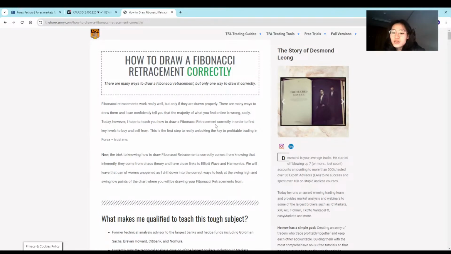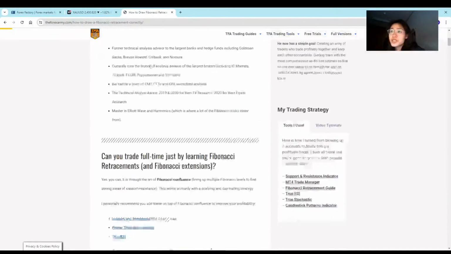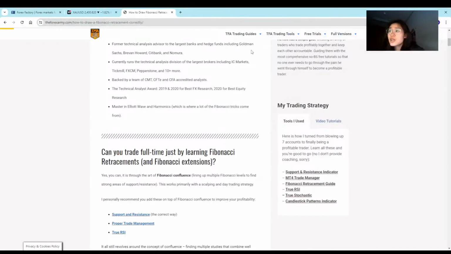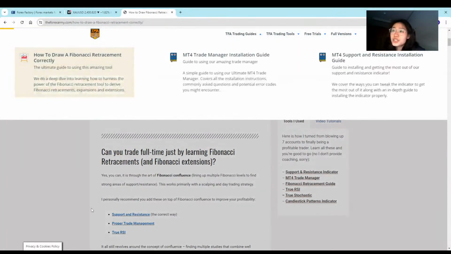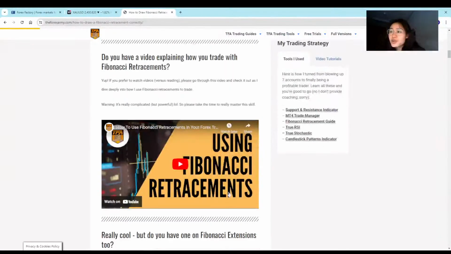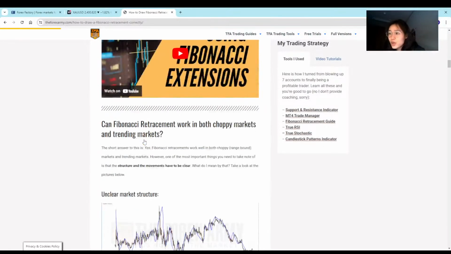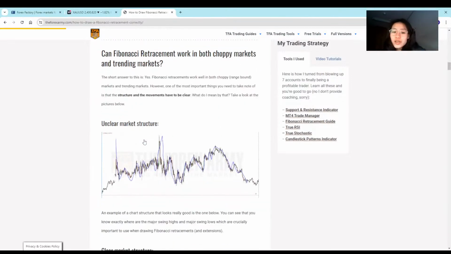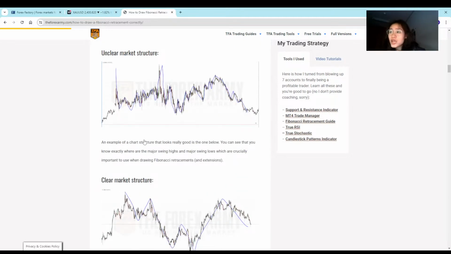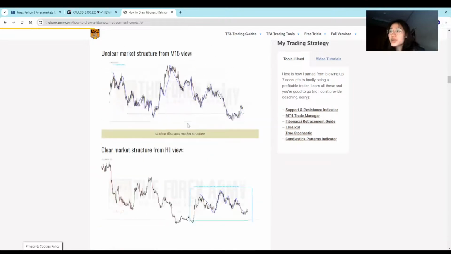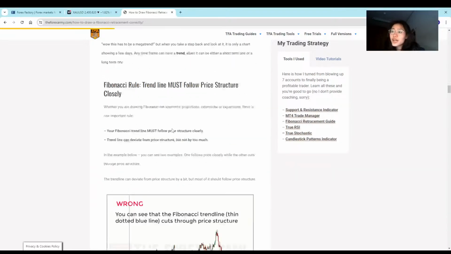But if you're still confused about Fibonacci, feel free to take a look at forexarmy.com. This is just a Fibonacci retracement guide. We do have some free retracement and extensions videos on YouTube as well that you can take a look at. We also have a 4-part in-depth webinar series on Fibonacci, so stay tuned for those.